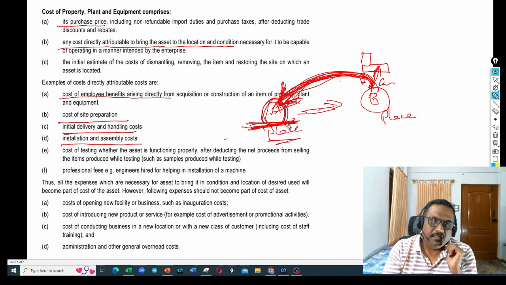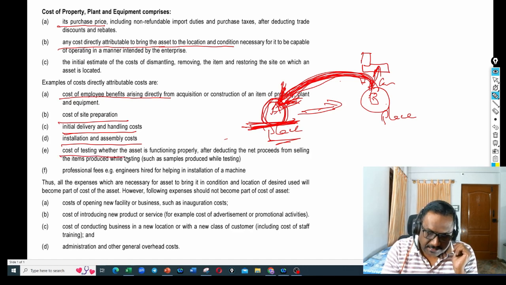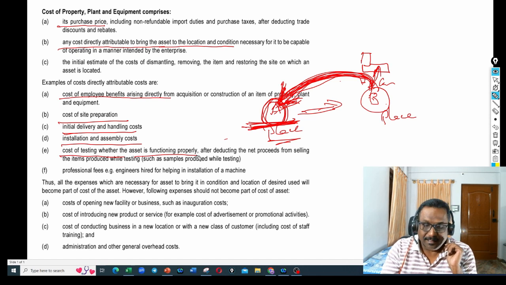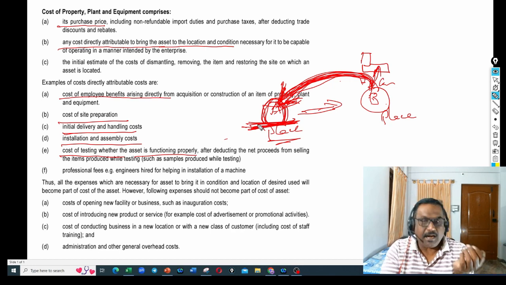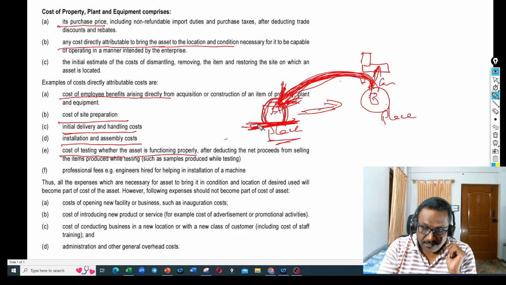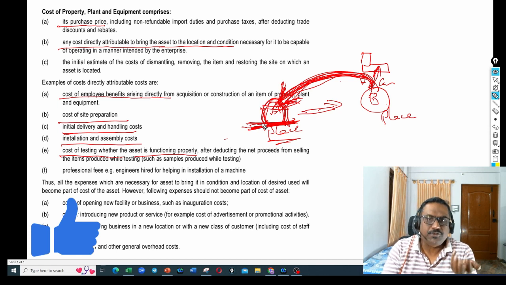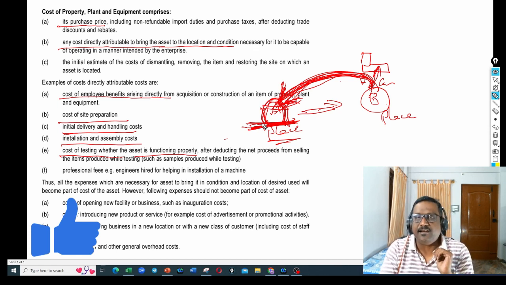Yes. Cost of testing whether the asset is functioning properly or not. This is another important point. The asset is installed. You need to test that asset, right? Whether that asset is working properly or not. Here, one important point. While testing this asset, you might produce some sample products. You have to produce to see whether this asset is working fine or not, right?